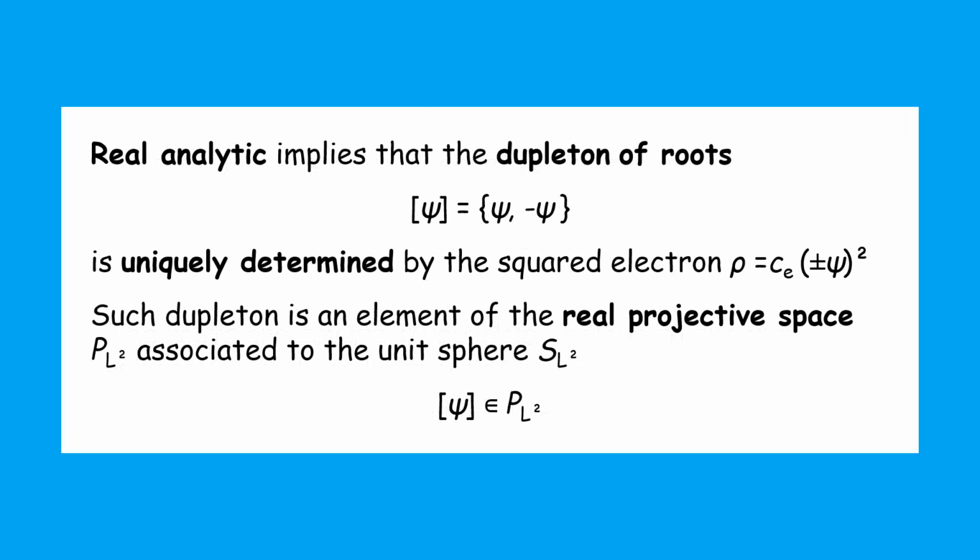Real analytic implies that the duppleton of roots is uniquely determined by the squared electron. Such duppleton is an element of the real projective space associated to the unit sphere.